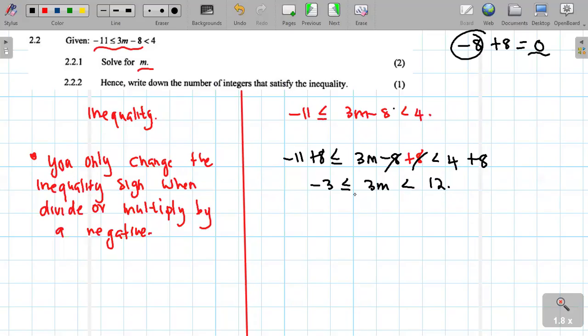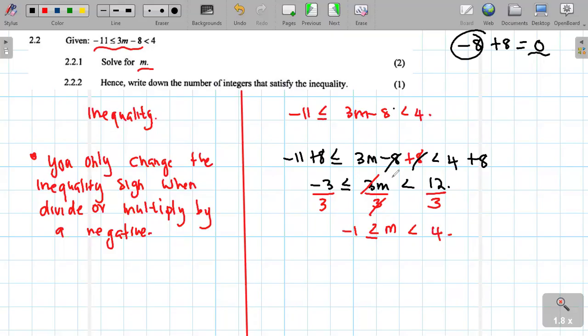Remember, I want m. I'm going to divide both sides by 3. So m is between or equal to negative 3 divided by 3, which gives negative 1, and 12 divided by 3, which is 4.